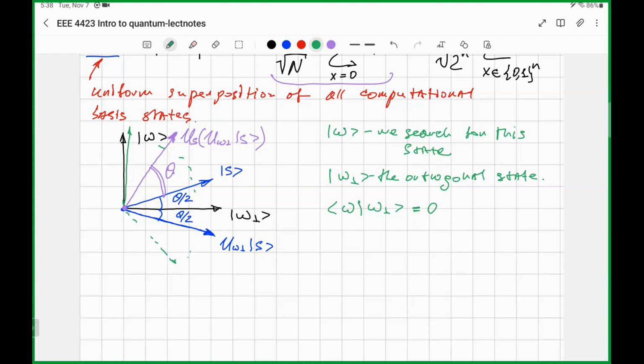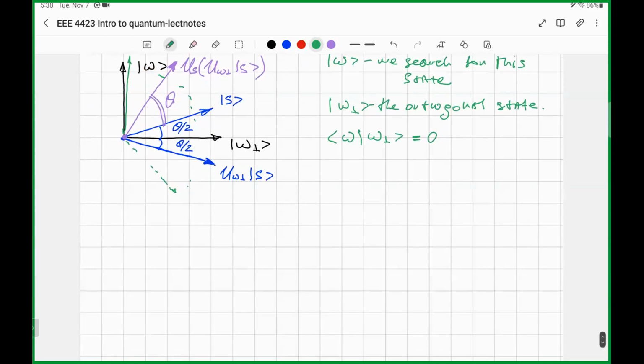So this is how the Grover search algorithm works schematically. And now let us talk about the circuitry of this algorithm.